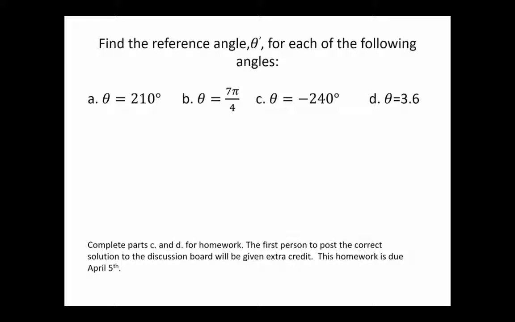It's between 6 pi over 4 and 8 pi over 4, so it's clearly a fourth quadrant angle.